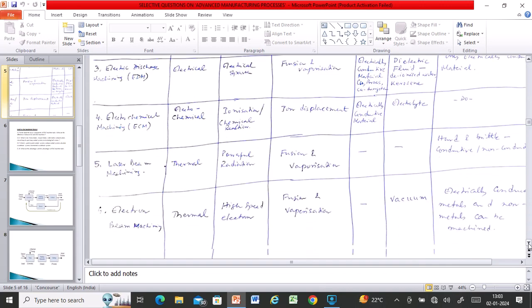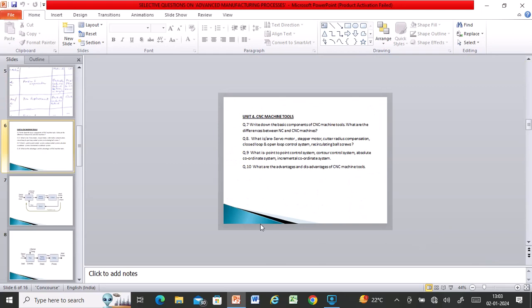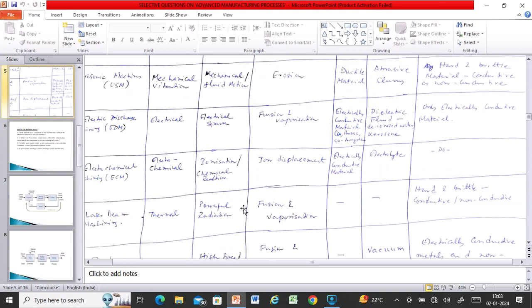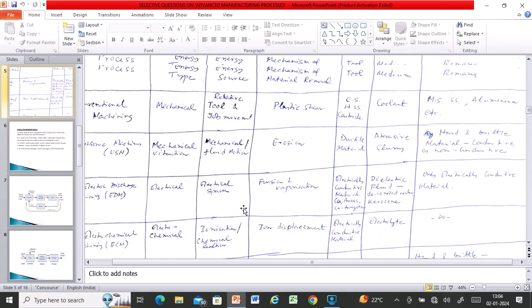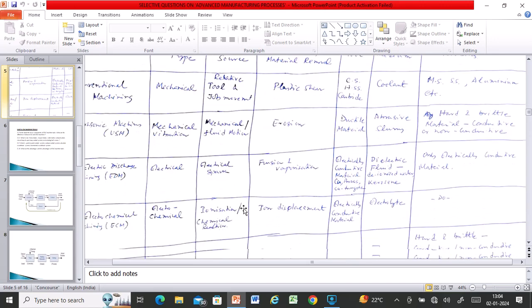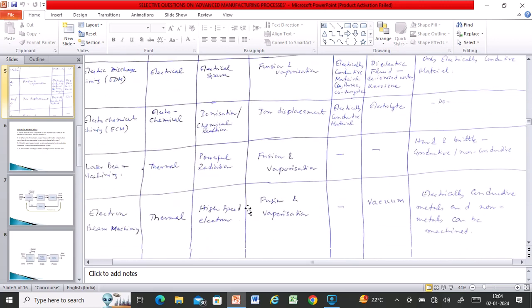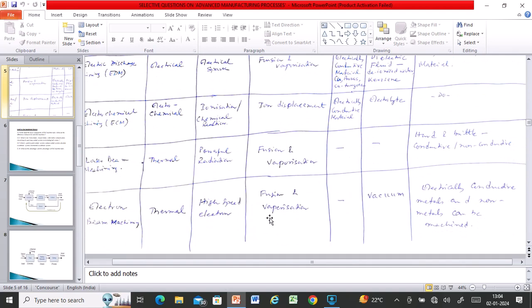Then we have electron beam machining, where the energy type is thermal. High speed electrons cause the rise of temperature.